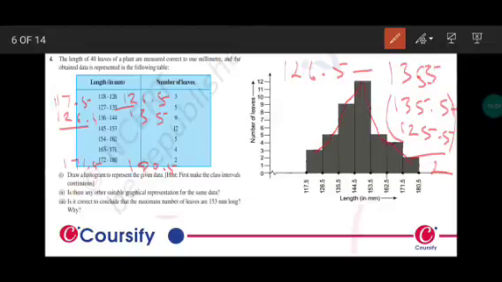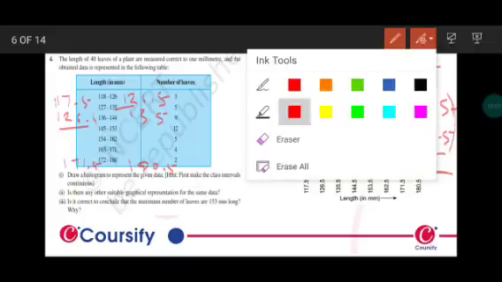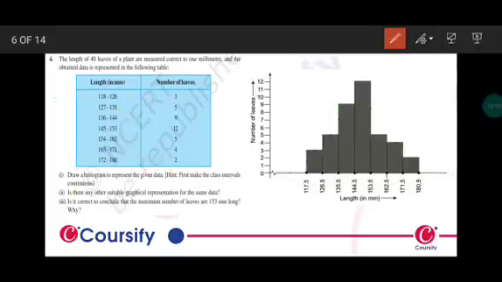Is it correct to conclude that the maximum number of leaves are 153 mm long, and why? From the data we have the maximum number of leaves in the interval 145 to 153.